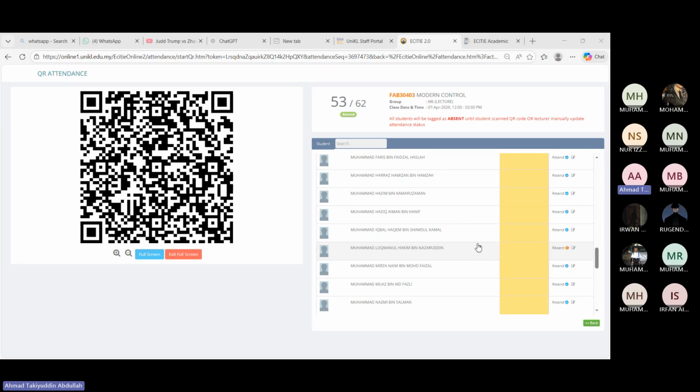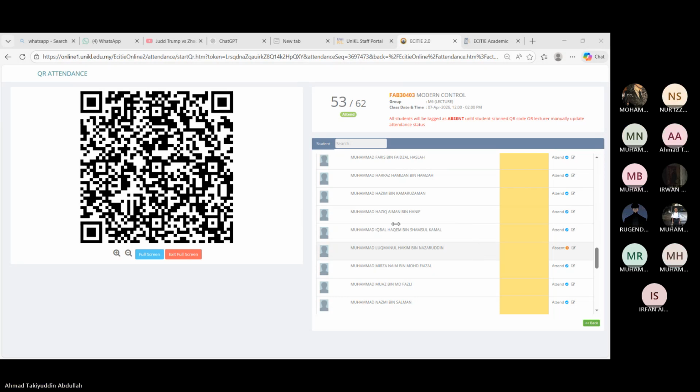Yang lain semua dah scan ke ni? Yang ada dekat dalam ni? You may leave the session, guys. Izzah, you tak boleh scan? Izzah Khairani, awak boleh scan?